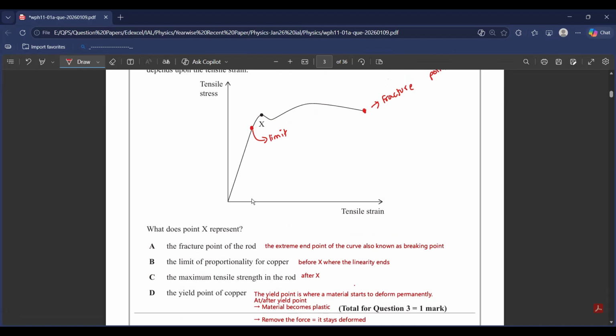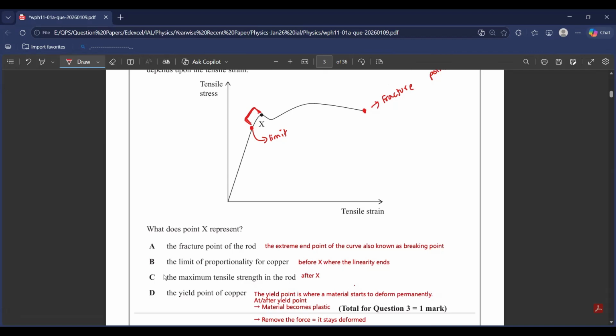Yeah, this could be the answer because after the limit of proportionality, for some time, at this particular point that I've marked, if the force on the rod is removed, the rod will return to its original position, even though there is no limit of proportionality.